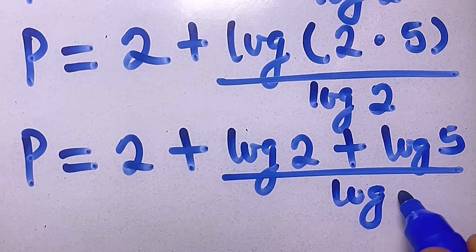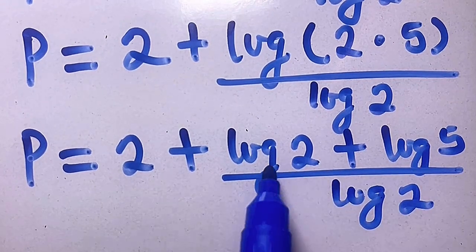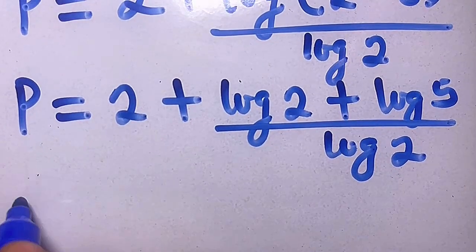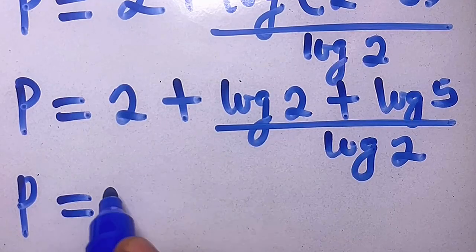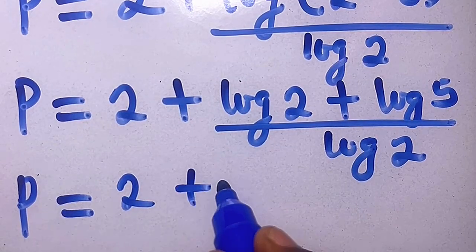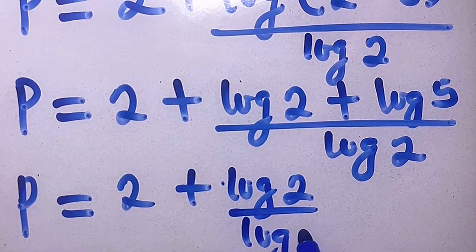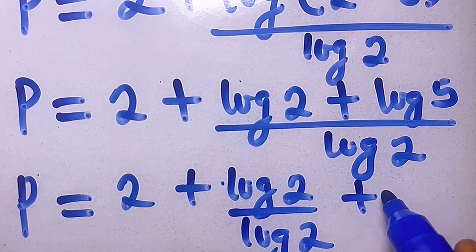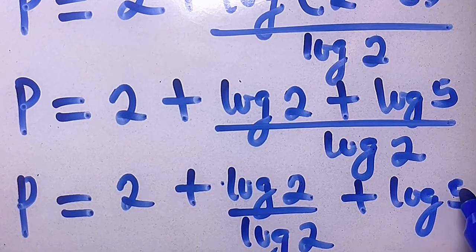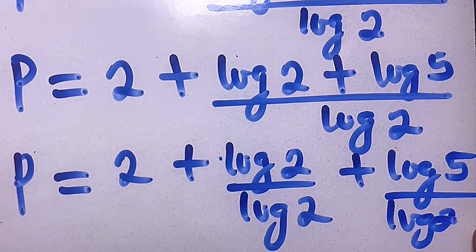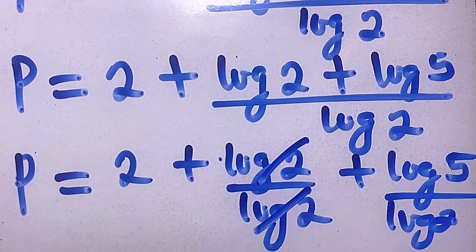So let's divide each of log 2 and log 5 by log 2. So we'll have p equals 2 plus log 2 divided by log 2 plus log 5 divided by log 2. Again, we know this and this.